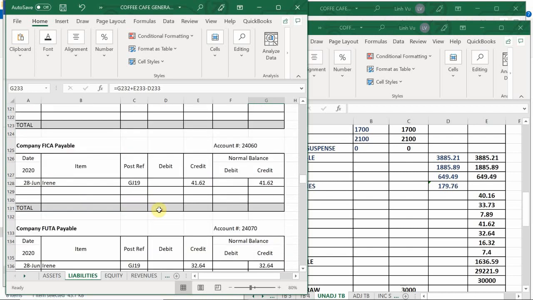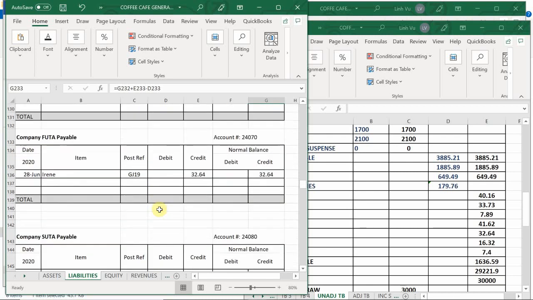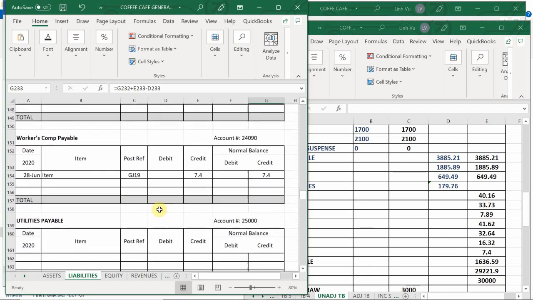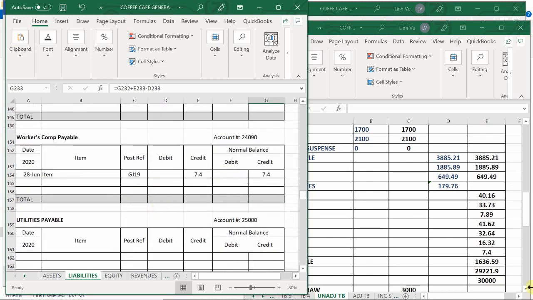What about my company FICA? The same. FUTA, SUTA, and workers' compensation, they're all the same. So in this case, I have a grand total of $179.76 worth of payroll liabilities.